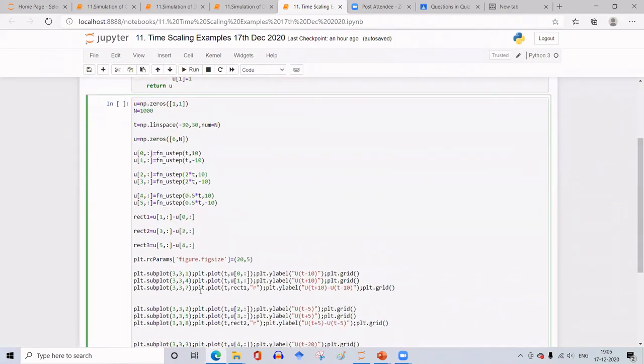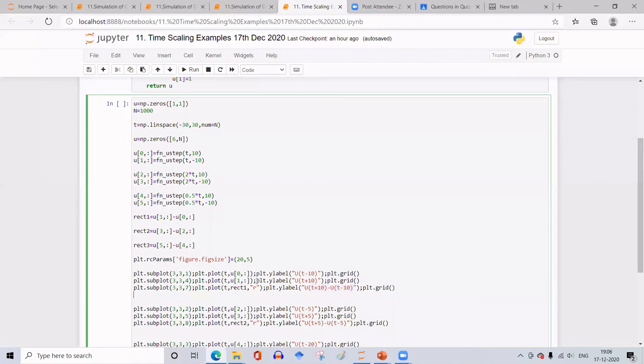I'm plotting it in subplots one below the other. So I have made it a 3 by 3 grid. In the first column, the positions are 1, 4, and 7. In 1 and 4, I'm putting u of t minus 10 and t plus 10. And in 7, I'm putting the result of this first rectangular waveform.